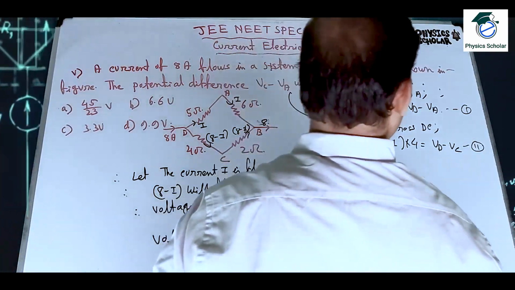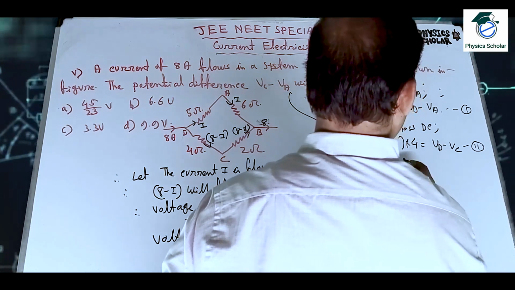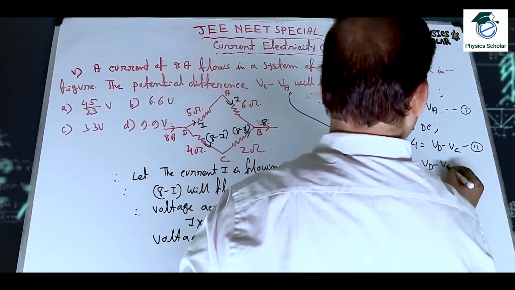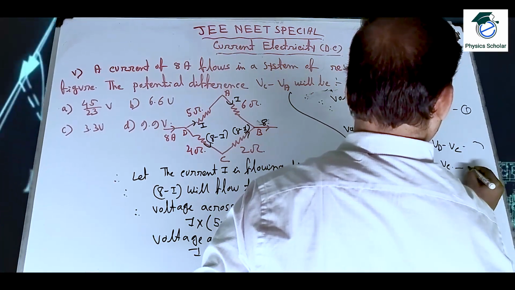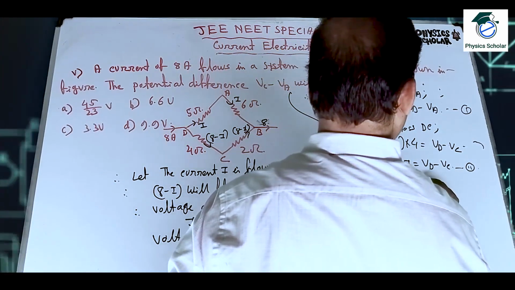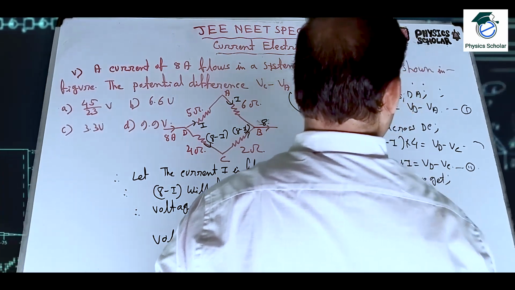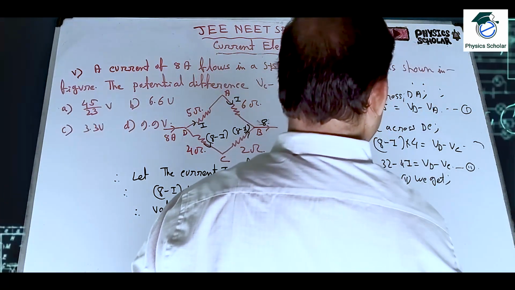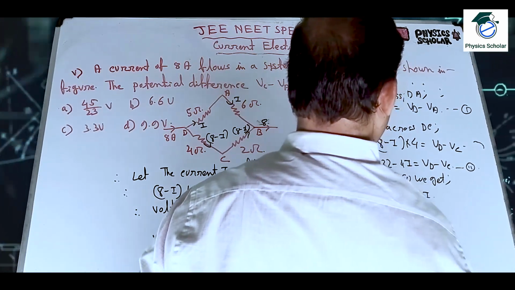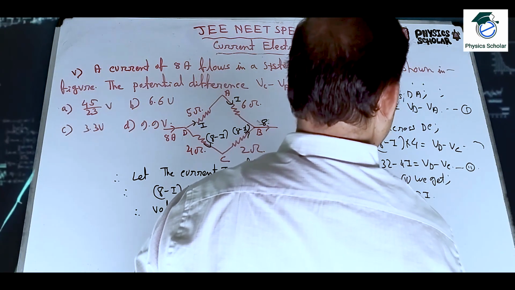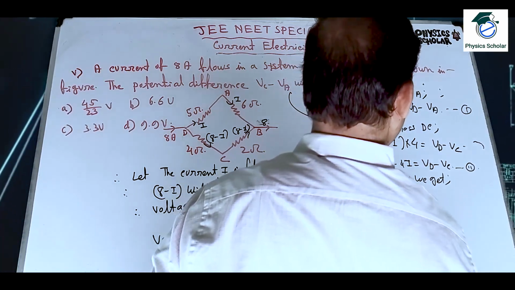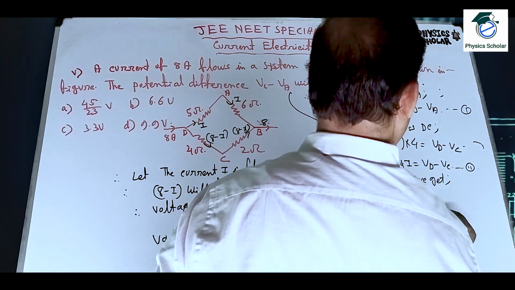So it is 32 minus 4I is equal to VD minus VC. This is equation number 2. Now 1 minus 2: VD minus VA is equal to 5I, and VD minus VC is equal to 32 minus 4I.